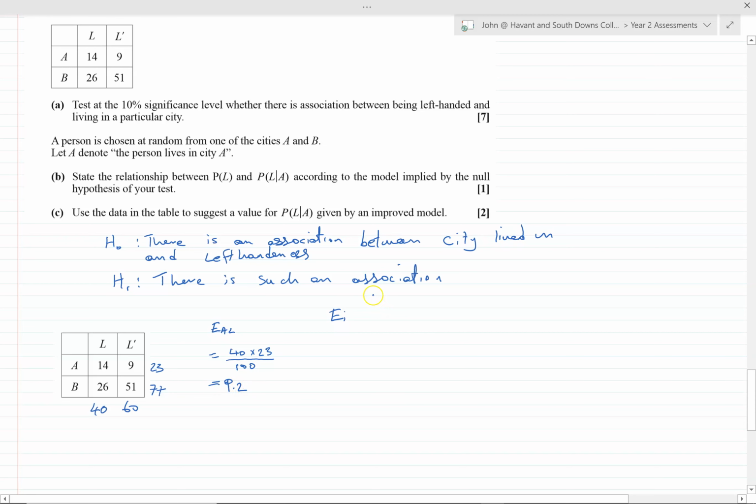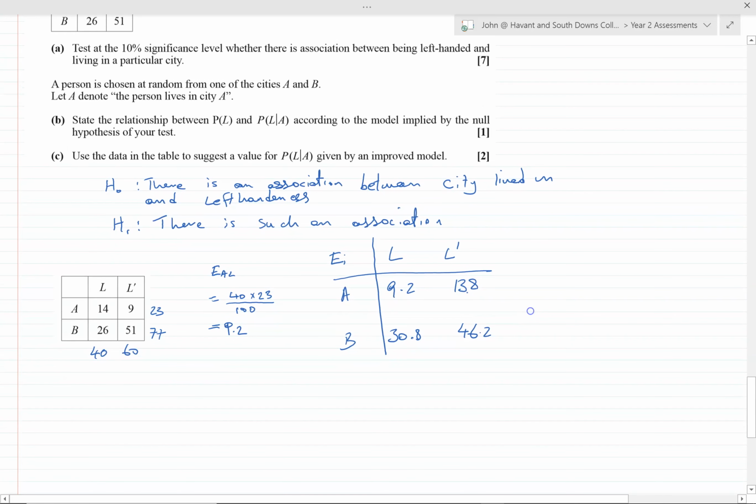I won't show the calculation for all the other ones. Hopefully it's fairly self-explanatory. So our EI numbers for L and L dash and A and B, that one's 9.2. And if you do a similar calculation for this one, 23 times 60 divided by 100, you get 13.8. Then this number here is 30.8, and this number here is 46.2, doing a similar calculation for each of those.